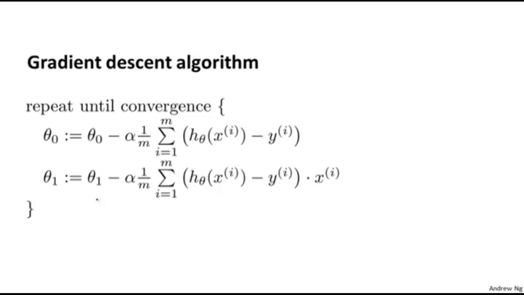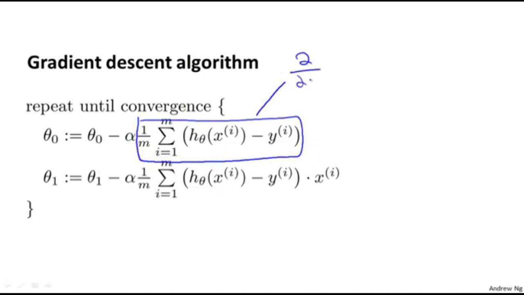So here's gradient descent for linear regression. We're just going to repeat until convergence. Theta 0 and theta 1 get updated as this thing minus alpha times the derivative term. So here's our linear regression algorithm. This first term here is, of course, just the partial derivative with respect to theta 0 that we worked out on the previous slide.